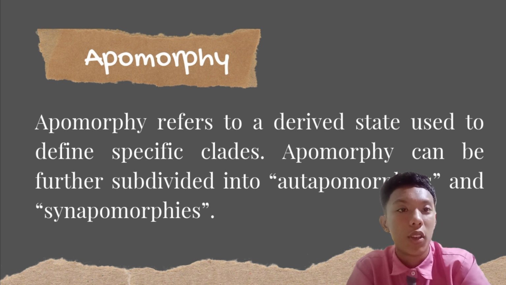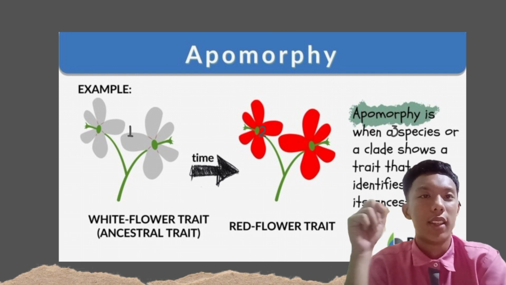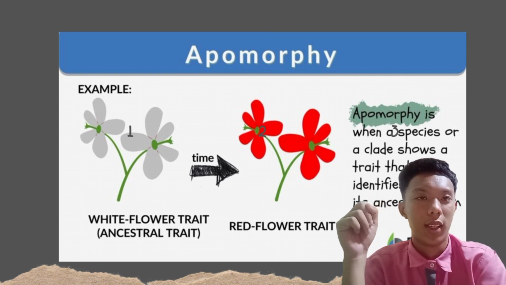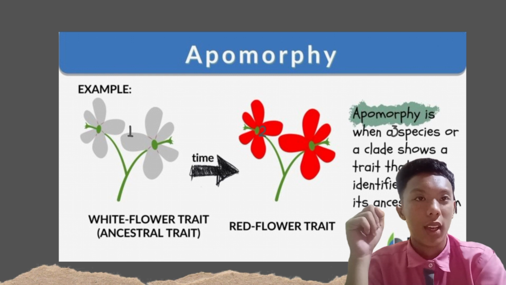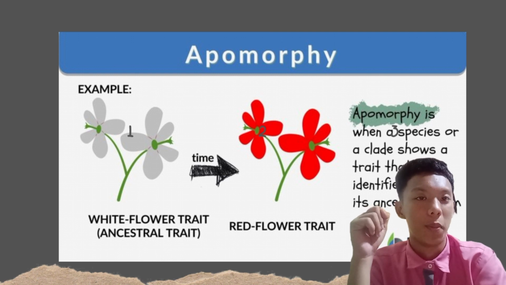Apomorphy refers to a derived state used to define specific clades. Apomorphy can be further subdivided into autapomorphies and synapomorphies. Here is an example of apomorphy. Apomorphy is when a species or a clade shows a trait that distinguishes it from its ancestral form.